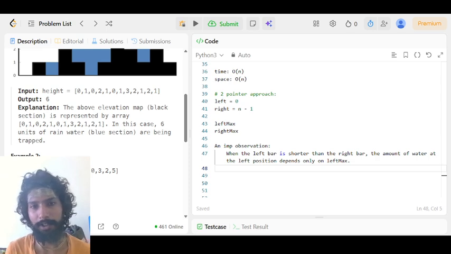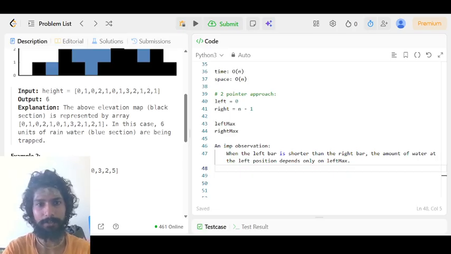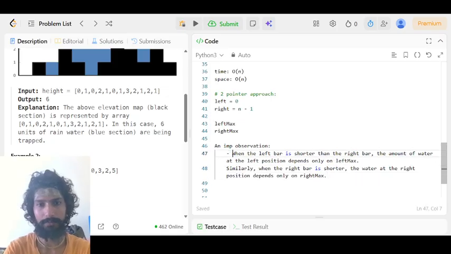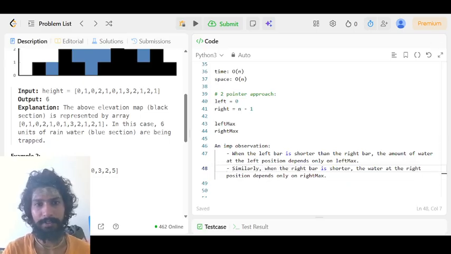Similarly, when the right bar is shorter, the water at the right position depends only on right max. Therefore, we always process the shorter side.